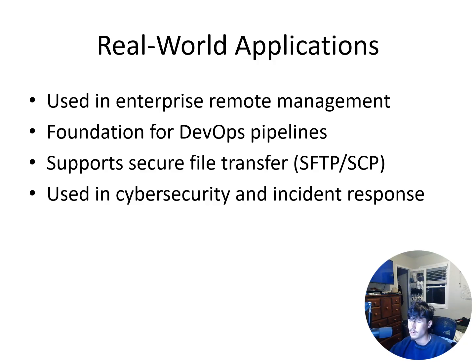In cybersecurity, SSH allows analysts to securely connect to and investigate systems without exposing data. Its versatility makes it one of the most widely adopted and trusted protocols globally. So, real-world applications: used in enterprise remote management, foundation for DevOps, supports secure file transfer, and it's used in cybersecurity and incident response.